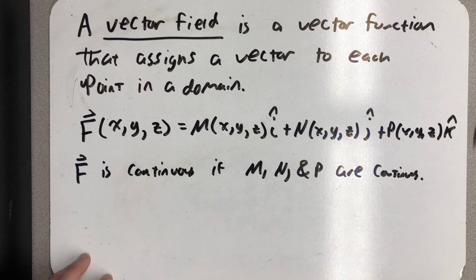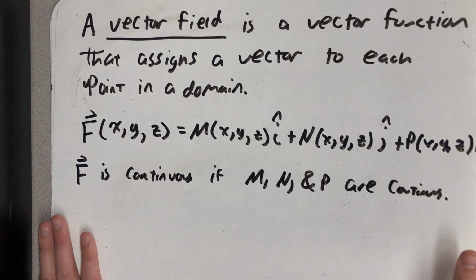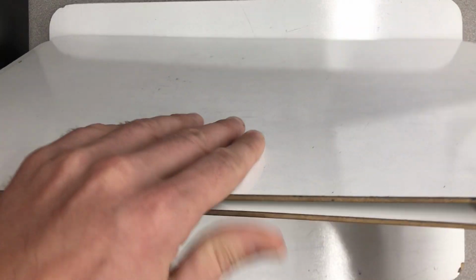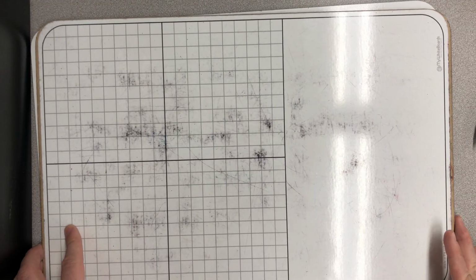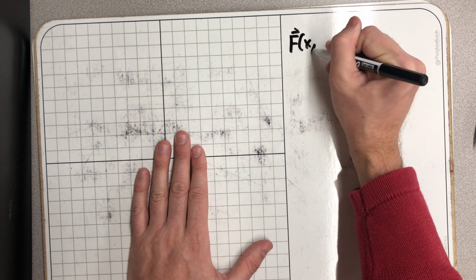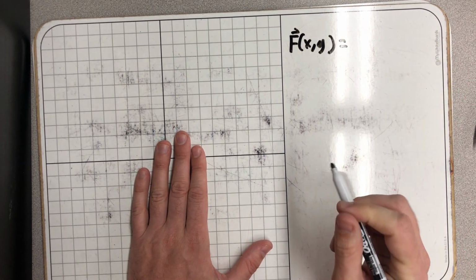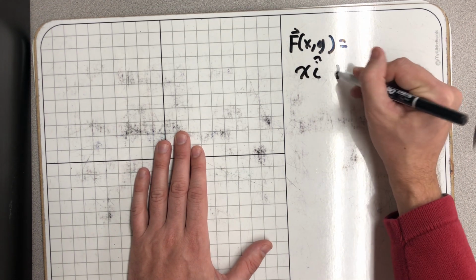So let's look at a few examples of vector fields, and we'll start with two vector fields that occur in the plane. What I want to think about first is the vector field given by F of x, y equals xi plus yj.